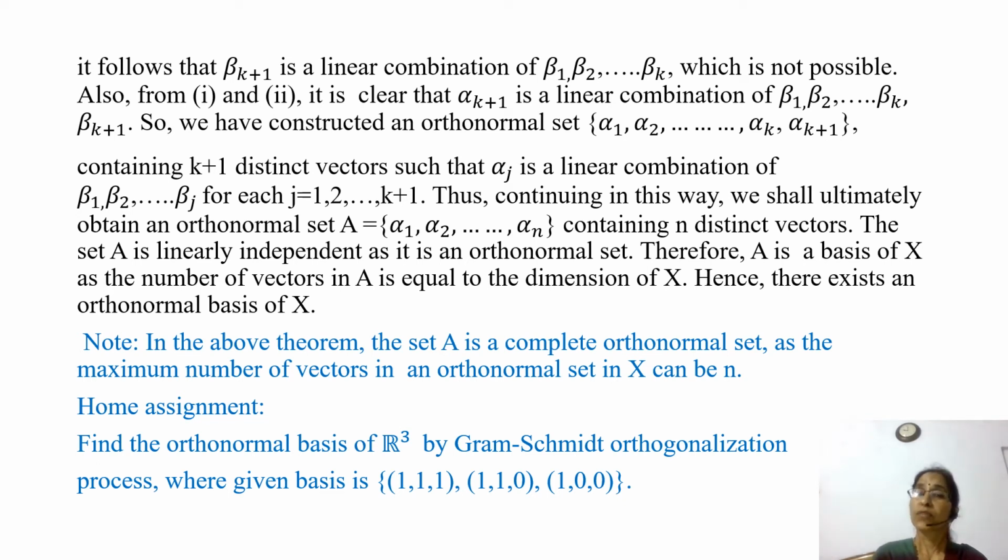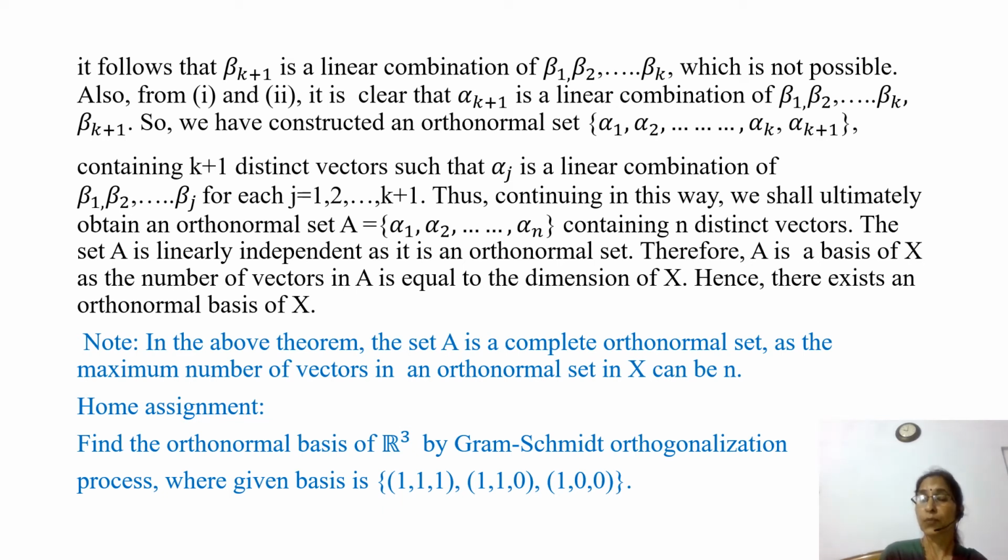So we have constructed an orthonormal set consisting of alpha 1, alpha 2 up to alpha k plus 1, containing k plus 1 distinct vectors, such that alpha j is a linear combination of beta 1, beta 2 up to beta j for each j equal to 1, 2 up to k plus 1.